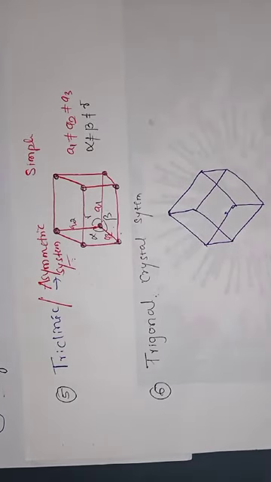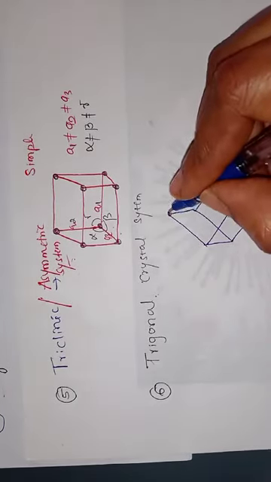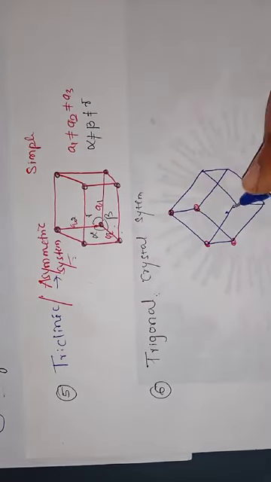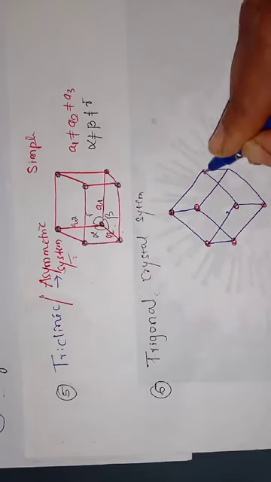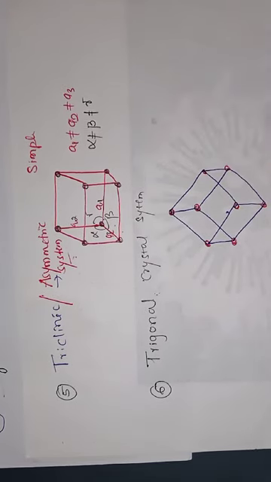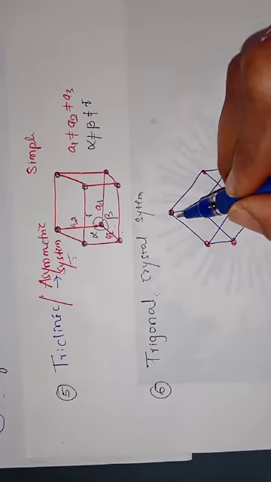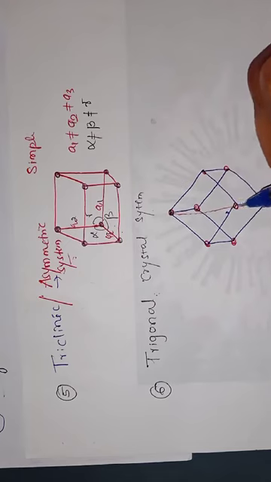Then the atoms are arranged at the corners of this crystal. Here also there are 8 atoms arranged at the corners. This is the trigonal. What are the characteristics of this crystal system?